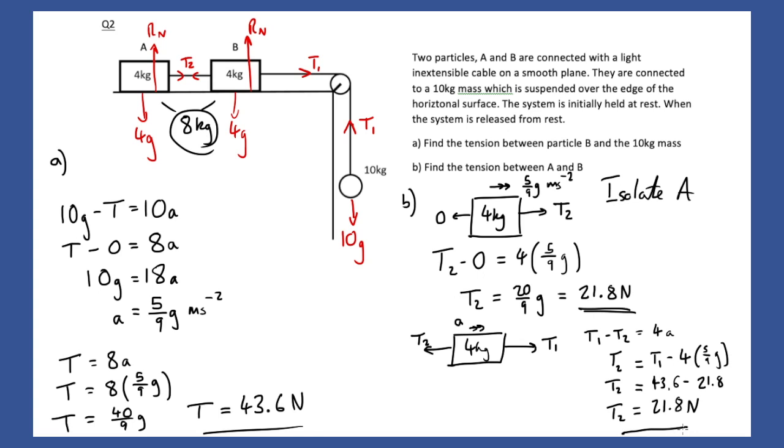Okay, so it doesn't matter which one I isolate, I get the same answer in both cases. So you can't really go wrong. It's up to you which one you choose. What I would say is choose the one with fewest forces on it. So A has only got 1 force on it, whereas B has got 2 forces on it. But overall, our T2 is 21.8, whichever way you do it.